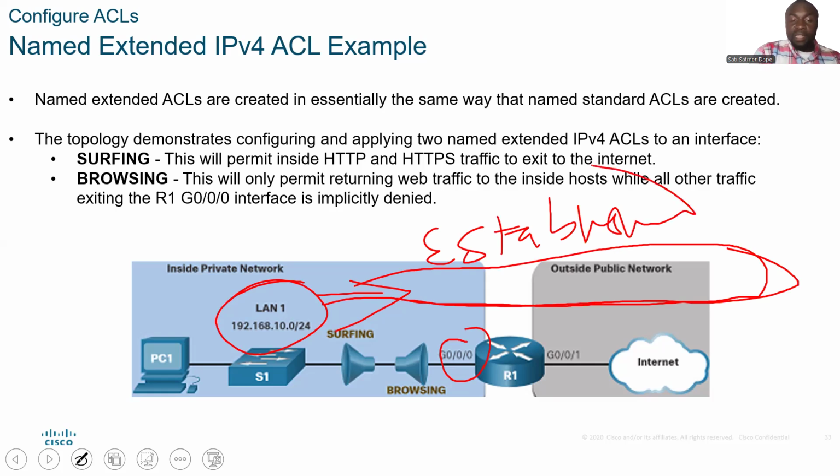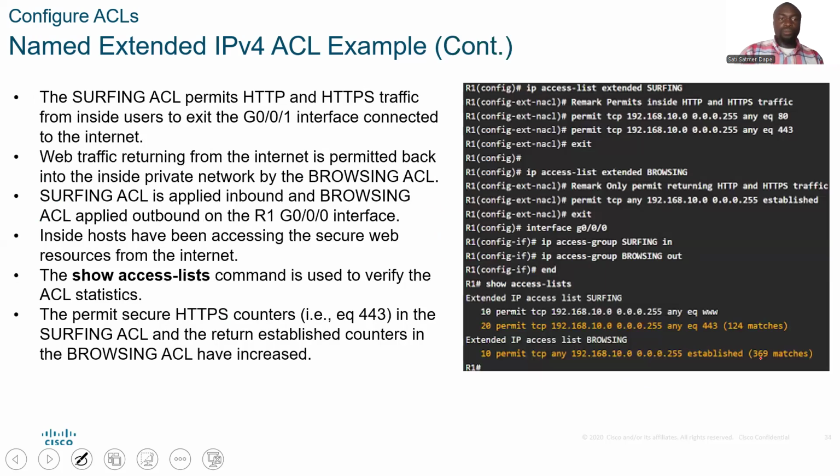So they have been tagged established. They are the only ones that will go and come back, which means any traffic generated from elsewhere that wants to come back should not be allowed.